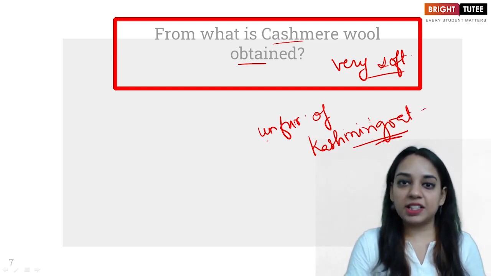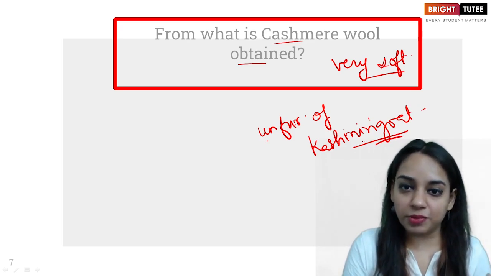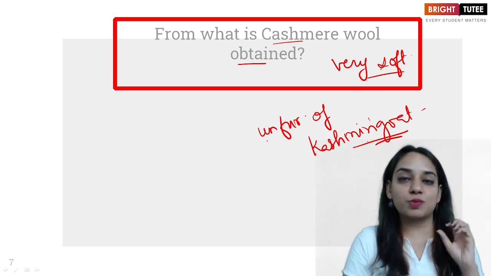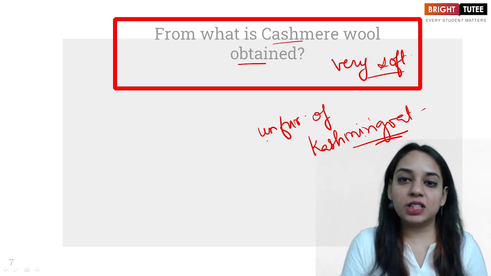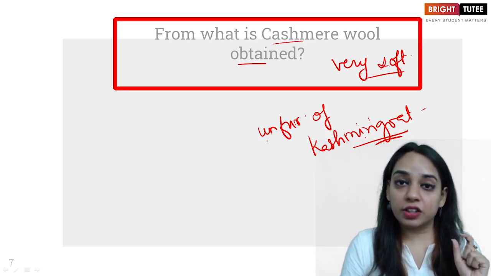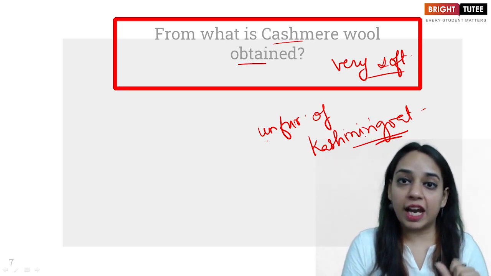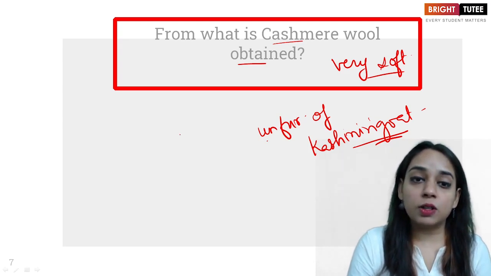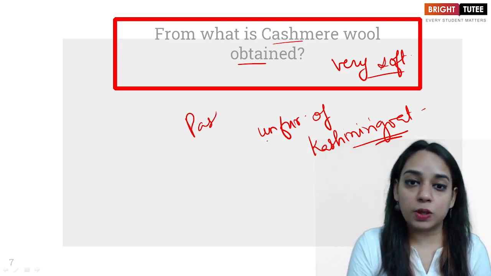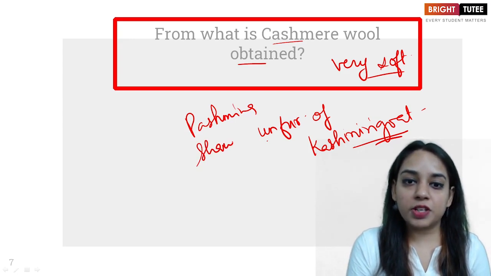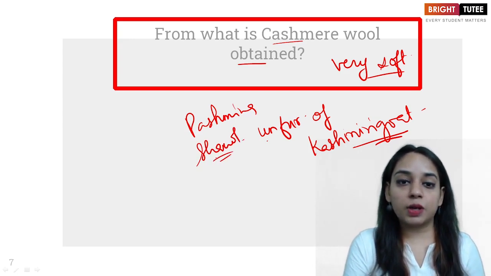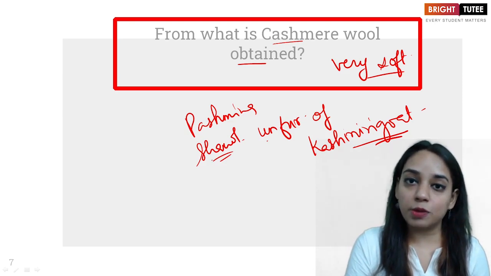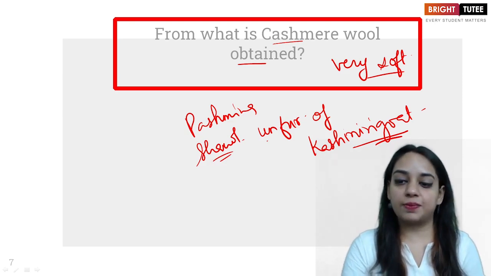I hope it must be clear to everyone. It is obtained from the underfur of the Kashmiri goat, which is very very smooth. And from this wool we make Kashmiri shawls. And also guys, we make Pashmina shawls. I hope it must be clear to all. And this is, guys, one of the best quality wool that can be obtained, and it is very expensive.